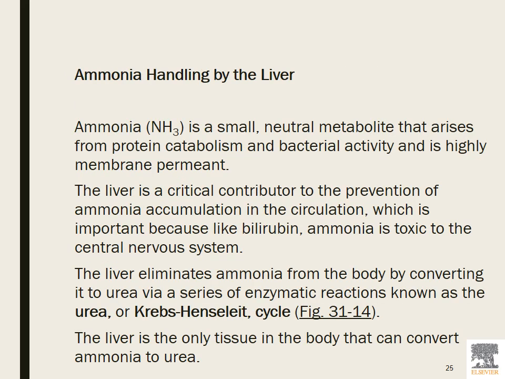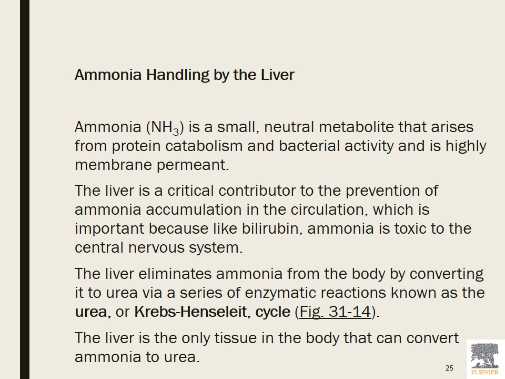Now, finally, ammonia handling by the liver. Ammonia is a small neutral metabolite that arises from protein catabolism and bacterial activity, and is highly membrane permeant. The liver is a critical contributor to the prevention of ammonia accumulation in the circulation, which is important because, like bilirubin, ammonia is toxic to the central nervous system.